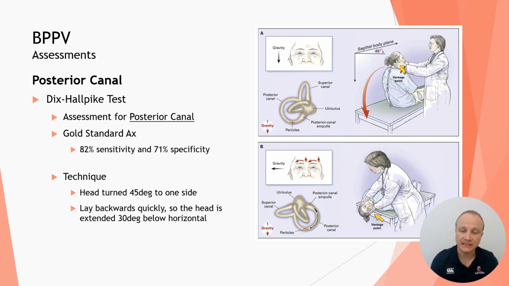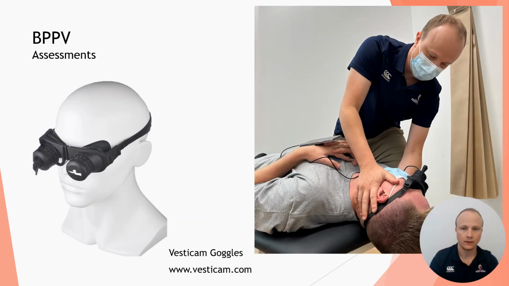So while someone's in this position and they are suffering from BPPV, it can be quite symptomatic or dizzy. So it's important to be aware that they may be symptomatic in this position. So we're lucky enough at South Coast Dizzy Clinic to use infrared goggles, or we use Vesticam goggles, which mean that the patient is put in complete darkness, so their vision's denied, with an infrared camera looking at their eyeball.